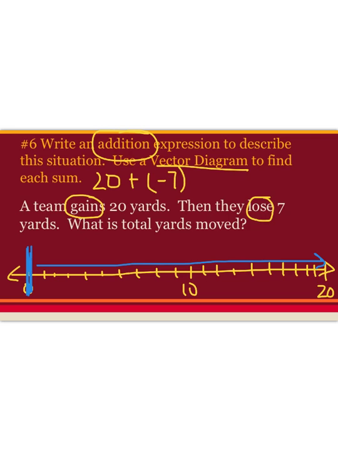And that's where I'm going to start my next vector. But this time I'm going to go to the left 7 spaces. So 1, 2, 3, 4, 5, 6, 7. And so I think I went a little too far. I should end up at 13. So my answer is 13.